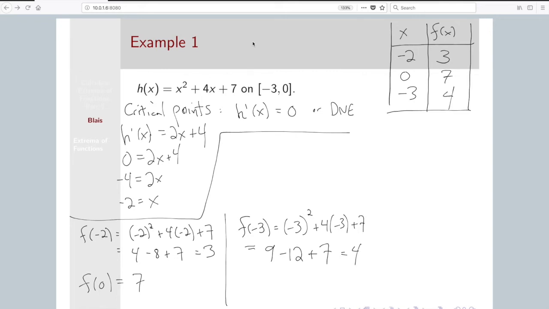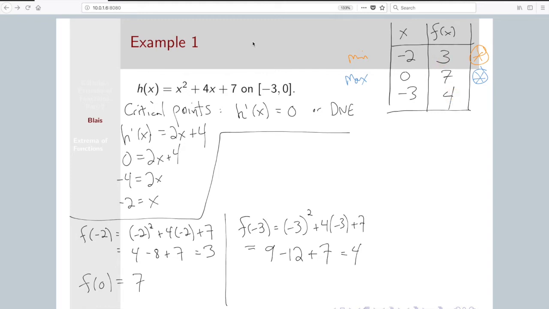So we add that to the list, and it's as simple as we found the only critical point, we checked the function's value, then we checked the function's value at the endpoints, and the biggest occurs at 7. So that is our max. The smallest occurs at minus 2. So that is our minimum. So again, it's as simple as pick the smallest and pick the biggest from the list.